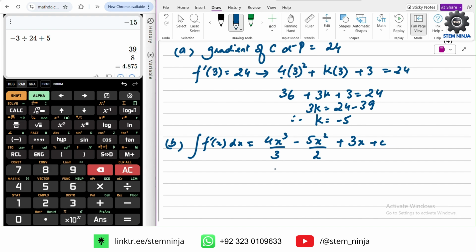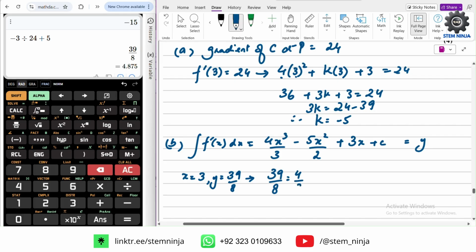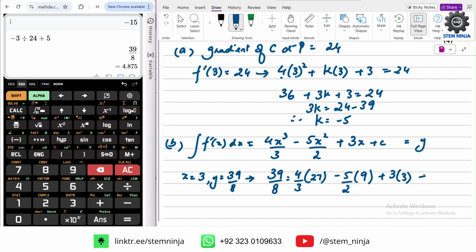And what do we need now? x is equal to 3, y is equal to 39 over 8. So we plug this in. This is your y basically. So 39 over 8 equals 4 over 3 times 27, minus 5 over 2 times 9, plus 3 times 3 plus c.